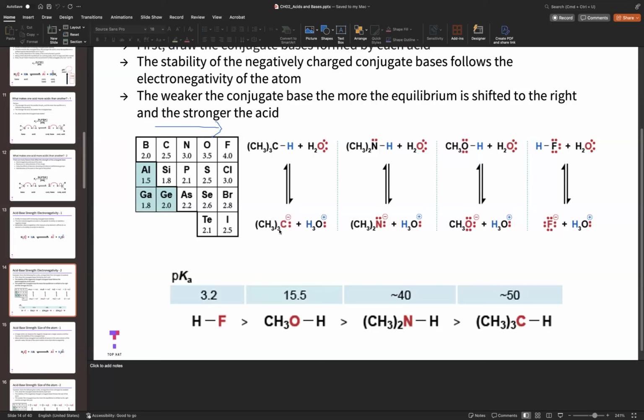So you want to do this test if you are given structures that are very similar. The only difference between them is the electronegativity values. Okay. So left to right, what determines the acidity of a compound? It's the electronegativity of the electronegative atom, which holds the negative charge.